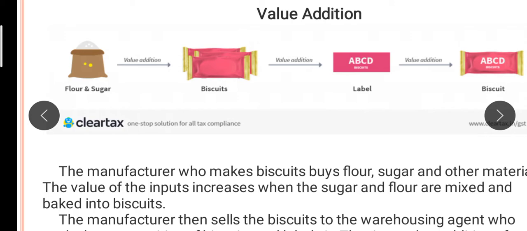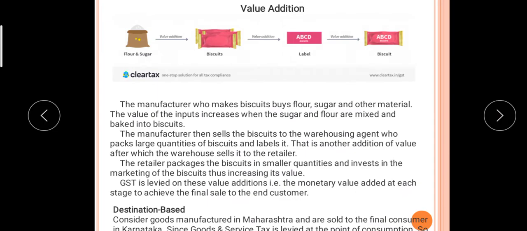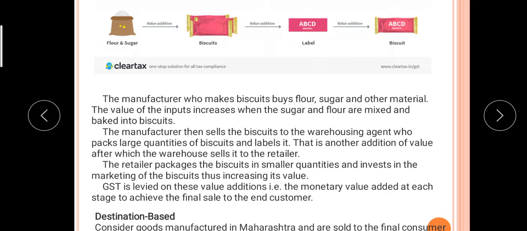So that GST is calculated just on the 500, and before GST the VAT is calculated on 1500, and that is the difference between the earlier tax and GST. Okay, now in the next slide also one example is there, in that you will clear your idea.